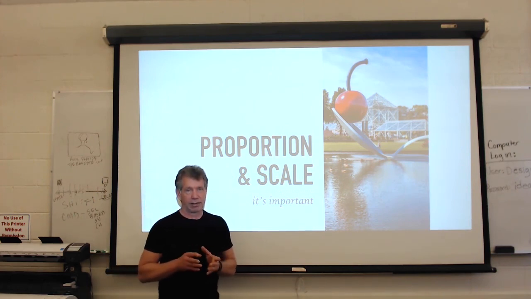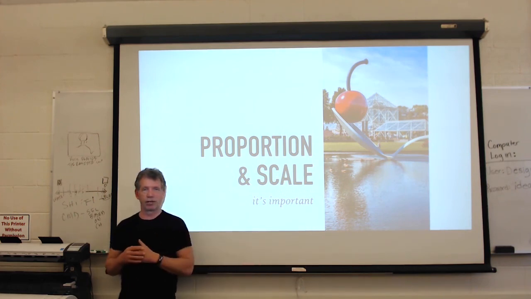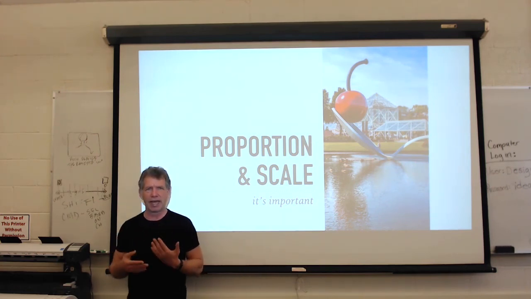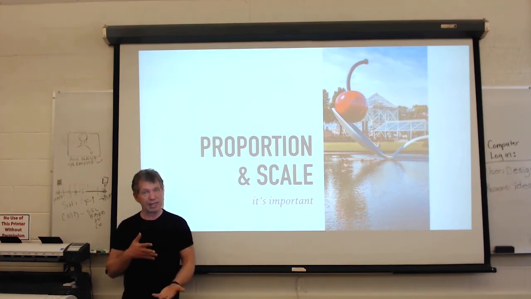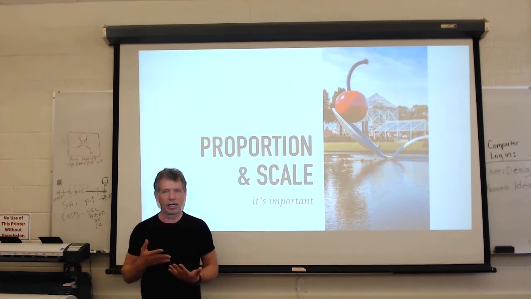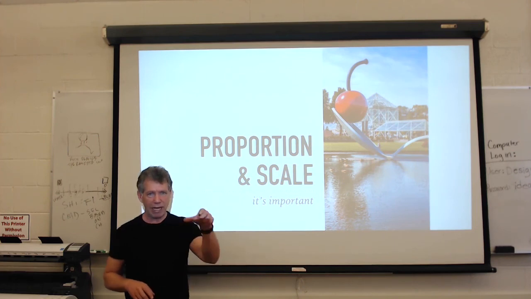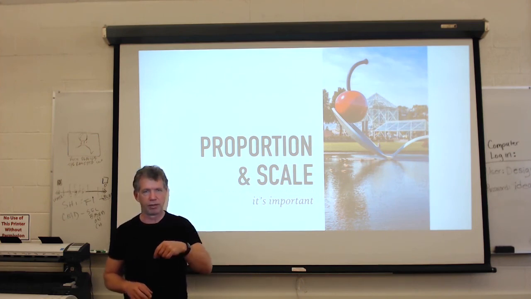Now we can play with that. The clothespin, the example I showed of the clothespin, is a perfect example of an artist playing with our sense of scale and proportion, and it makes it much more interesting because our expectation is a clothespin is fairly small. But here we have a clothespin that's pinching the earth.